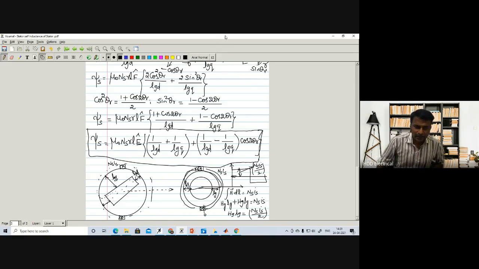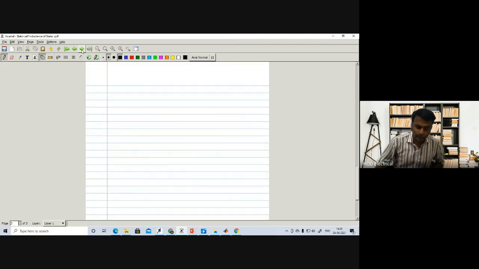But in our salient pole machine, the flux distribution will be purely sinusoidal. In this case, if you write the Fourier series, the magnitude will be Ns Is divided by 2. This is the magnetomotive force.